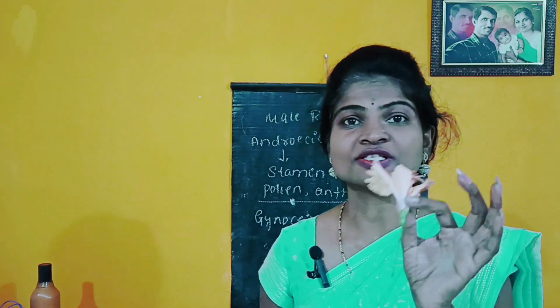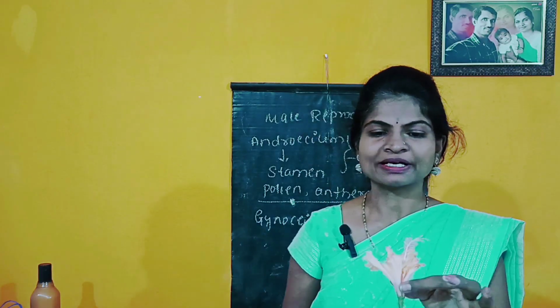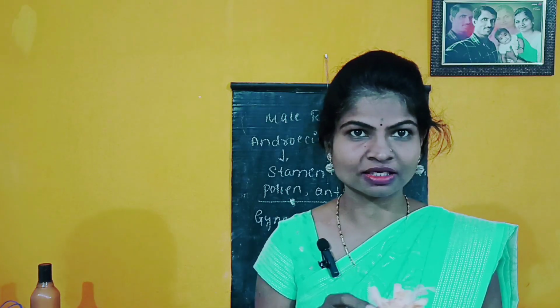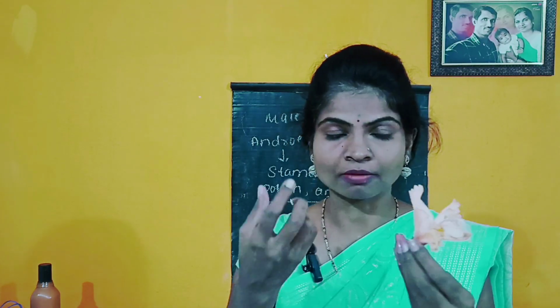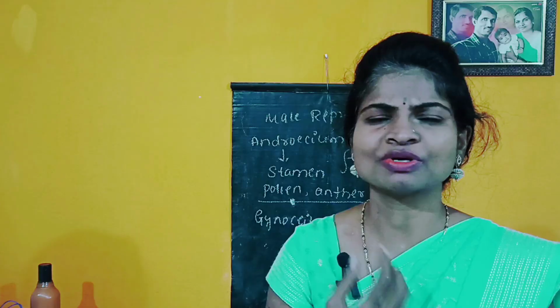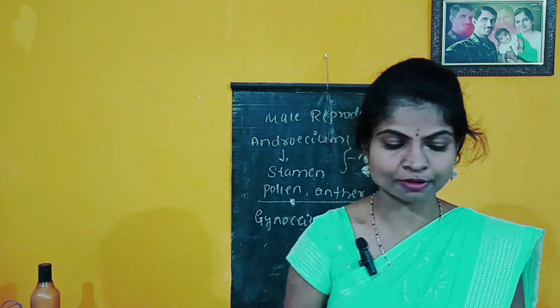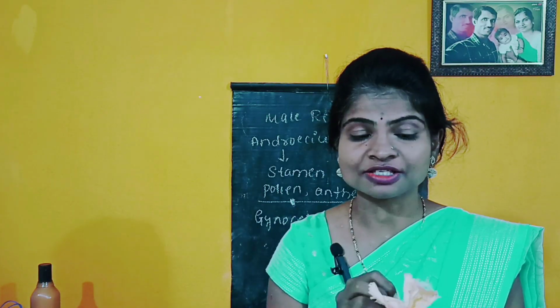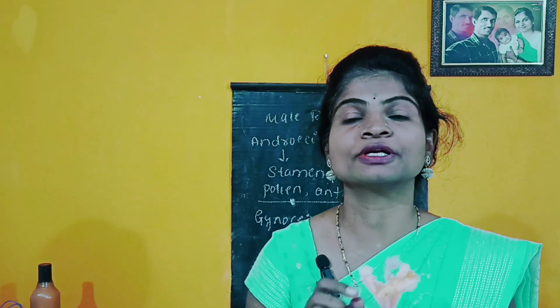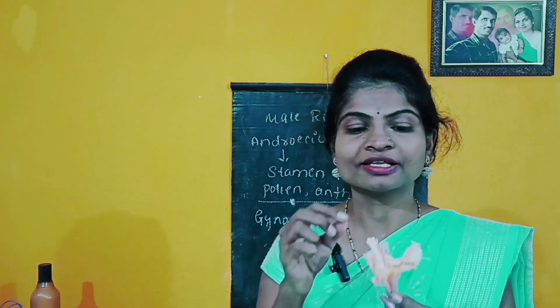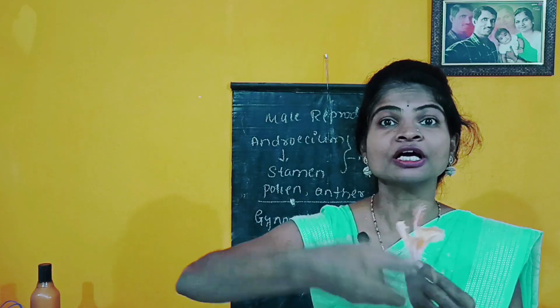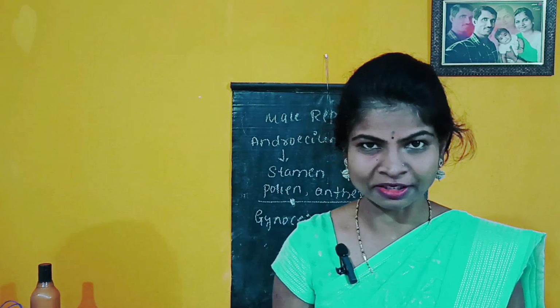And what are the functions of the petals? Petals are very attractive and bright in color. Why? Because they easily attract insects. What is the need to attract insects? The attraction of insects towards the flower helps with pollination, and the nectar cells present in the flower produce honey, which is a sweet fragrance.